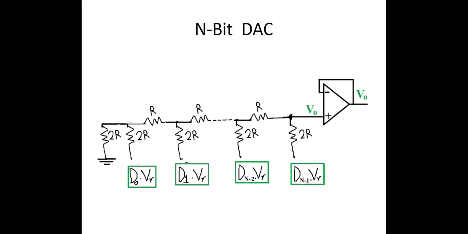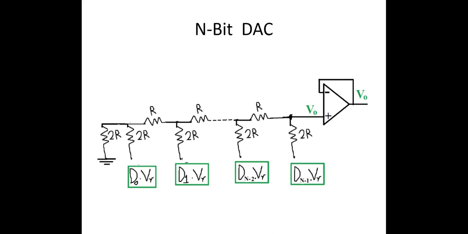It will not be connected to any voltage source, and the number of stages is limited by the fact that K should be much greater than the noise voltage in the circuit, and K, as we have discussed just now, will be equal to reference voltage divided by 2 raised to power n.